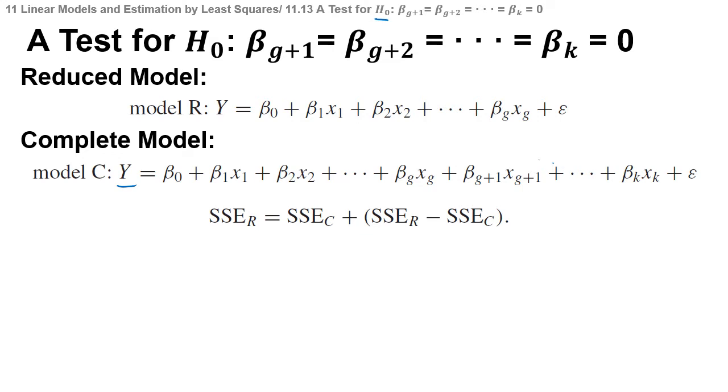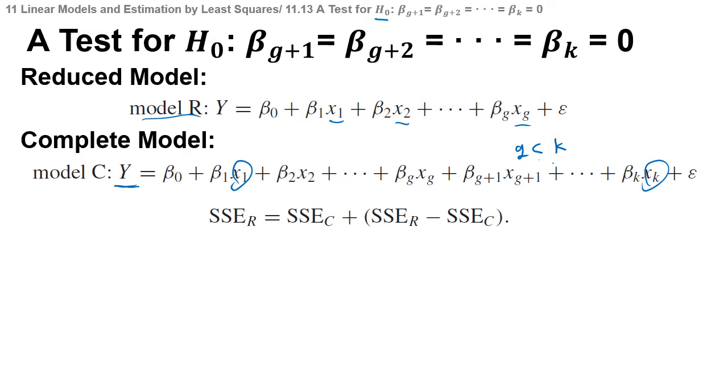So to model y, we have x1 to xk, k independent variables, and we have g, smaller than k, number of independent variables, which is the reduced model. So x1 to xg are included in the whole k number of parameters.